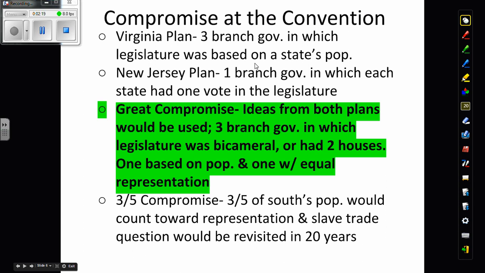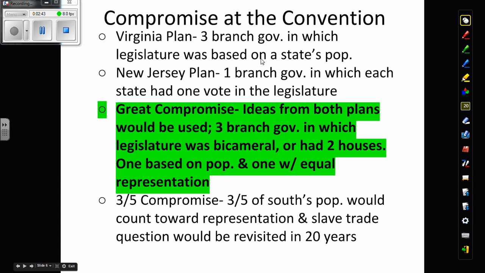There were a couple instances of compromise. The first were these two separate plans. You had one plan that was called the Virginia Plan, in which the legislature would be based on state population, right? Fixing this problem that we had with the Articles of Confederation. The next plan was the New Jersey Plan.